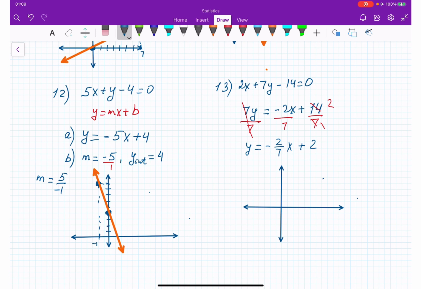So my y-intercept is positive 2. 1, 2. One point is here. Now I'm using negative 2 over 7. So I'm going down by 2. 1 and 2, which comes to the 0. And then going 7. 1, 2, 3, 4, 5, 6, 7. Okay, so it's going to be right here. Right?